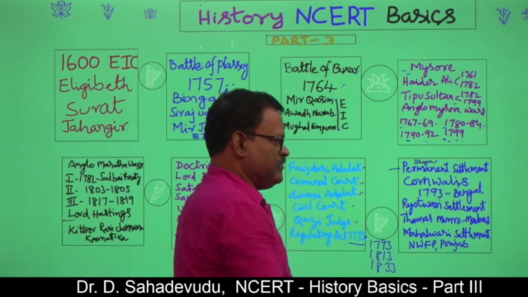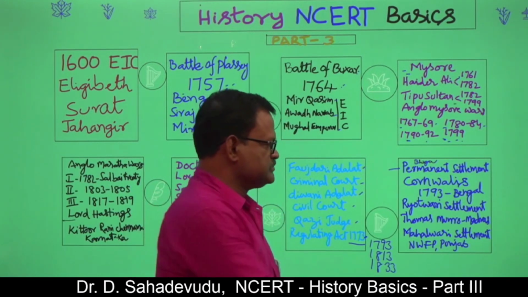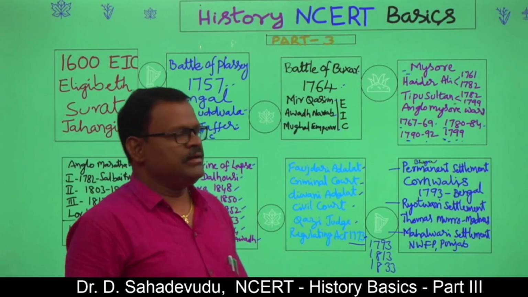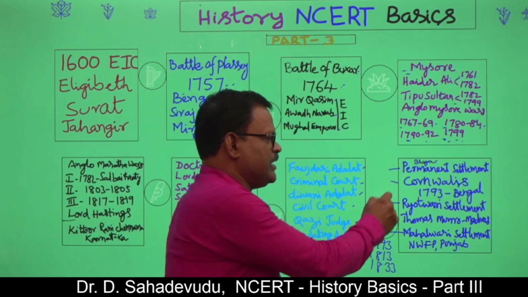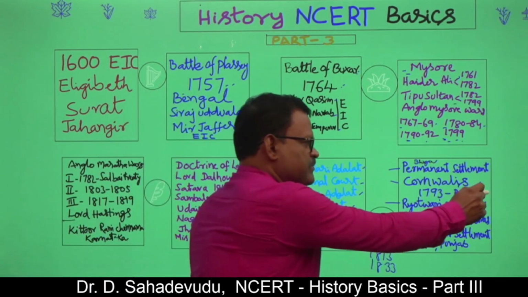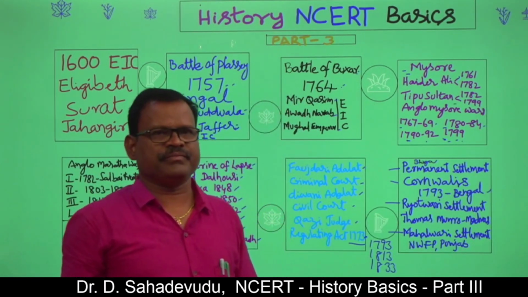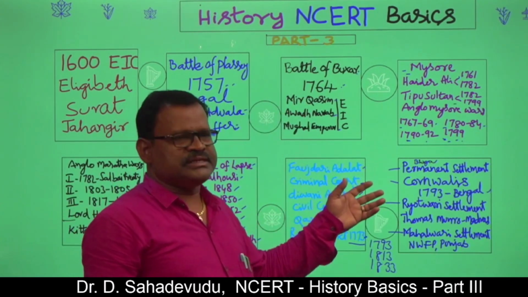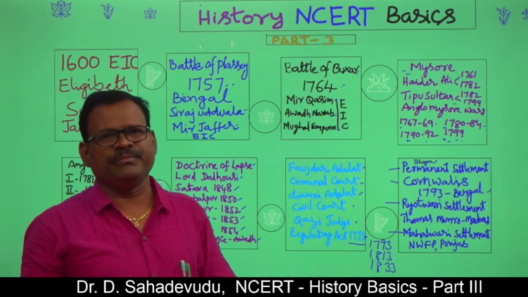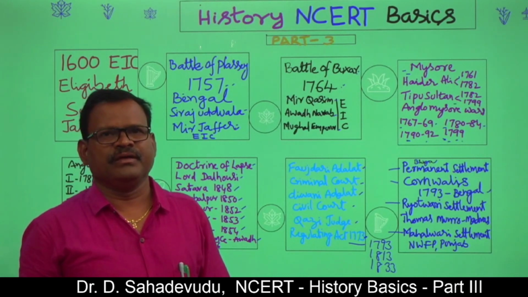These are permanent settlement, Raitwari settlement, Mahalwari settlement. Permanent settlement was introduced by Lord Cornwallis in 1793 in the areas of Bengal, Bihar, and Orissa. This permanent settlement gave many Zamindars' support to the British East India Company.